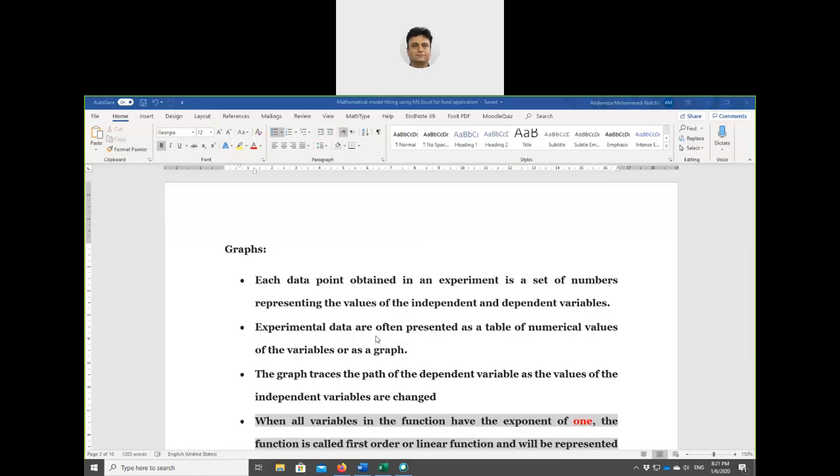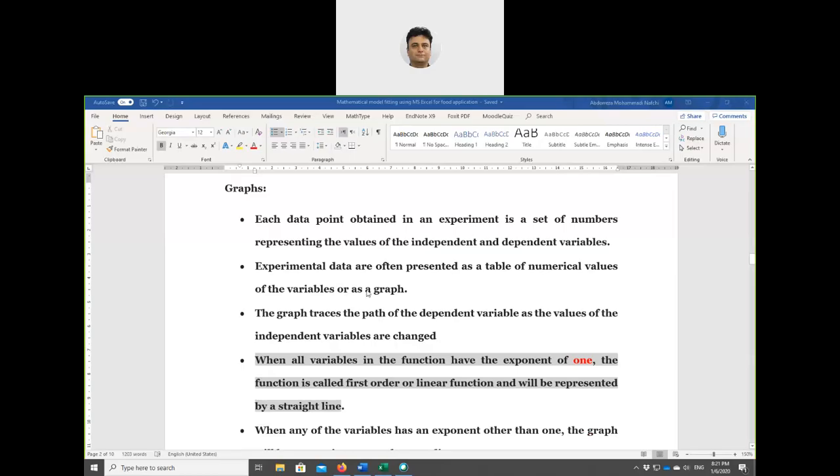Experimental data are often presented in a table as numerical values. When you want to present the data, you can report numerical values in a table or show them in a graph. The best method is a graph. A graph is easier to read and easier for understanding the trend.